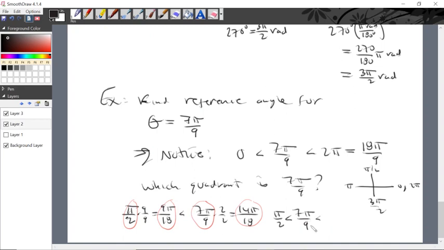And furthermore, 7 pi over 9 is going to be less than pi, because pi is equivalent to 9 pi over 9. So we can agree that 7 pi over 9 is less than 9 pi over 9, okay? And it's more than 9 pi over 18. So 7 pi over 9 must be between pi over 2 and pi. That means it must be within quadrant 2.